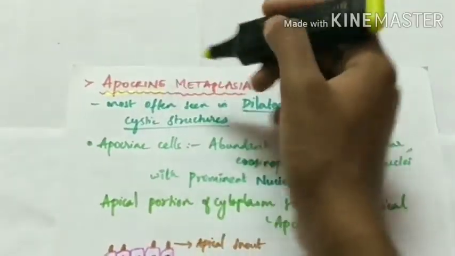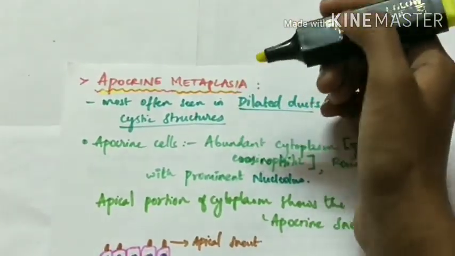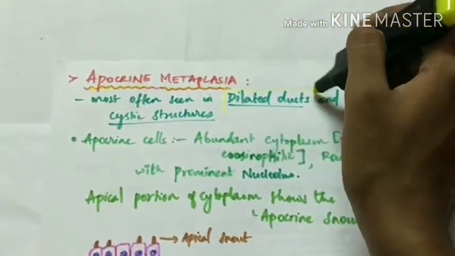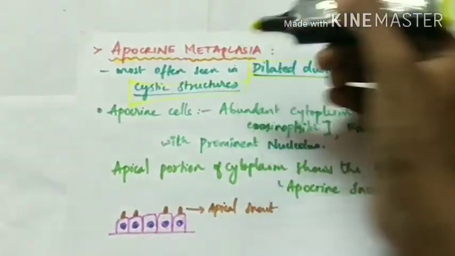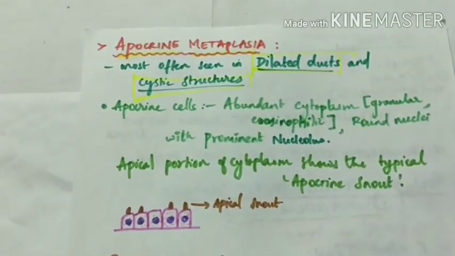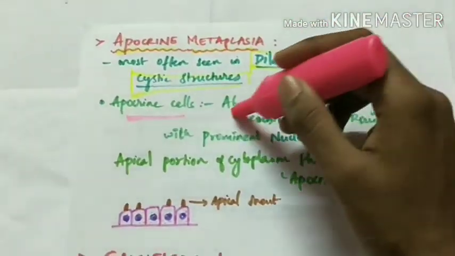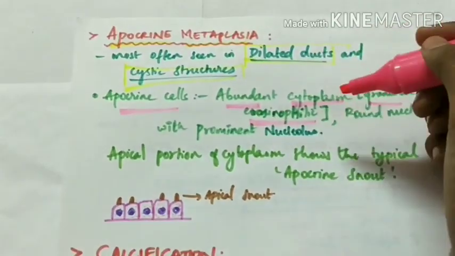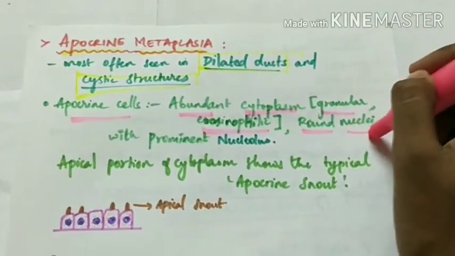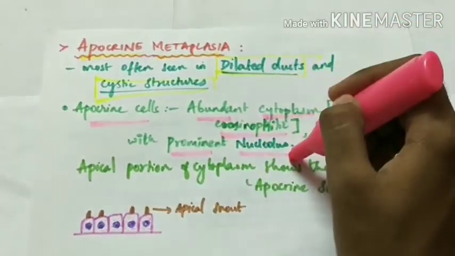And next is apocrine metaplasia. This is most often seen in dilated ducts and in the cystic structures. The apocrine cells have abundant cytoplasm which is granular and eosinophilic, and it has round nuclei with prominent nucleolus.